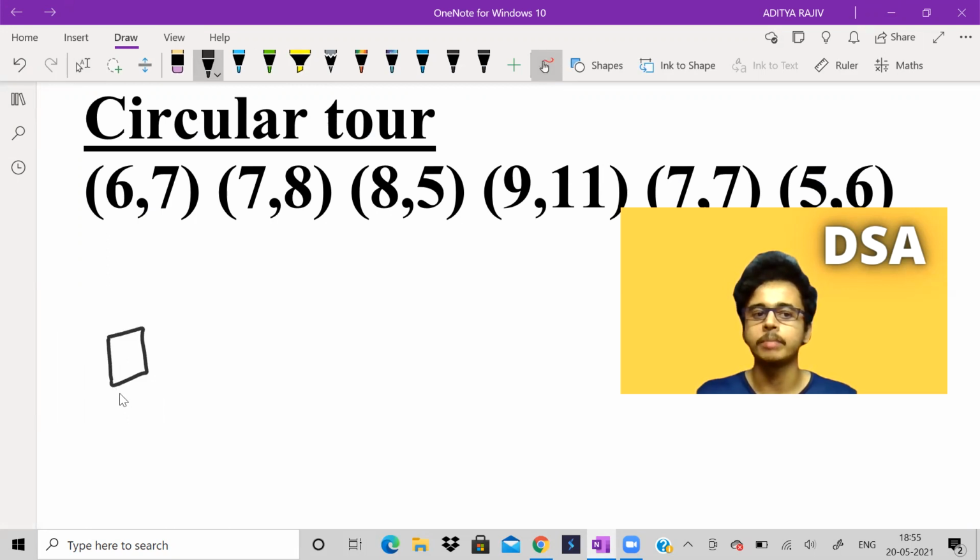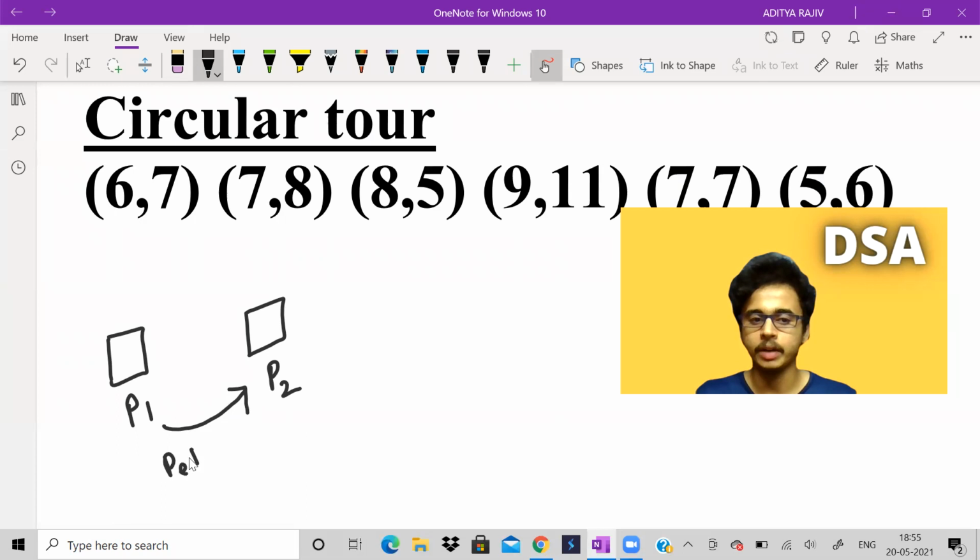There is one petrol pump P1 and another petrol pump P2. If you want to move from P1 to P2, you need to know two things: how much petrol you need, and the distance between the petrol pumps P1 and P2.